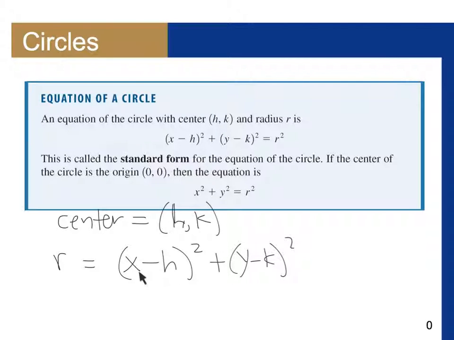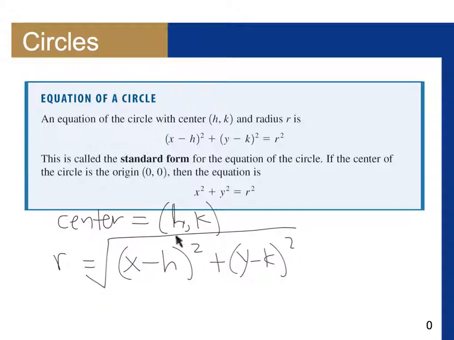Okay, so using our distance formula, change in x squared plus change in y squared equals the distance. Now, remember, we have to take the square root of that, sorry. So that's the formula with the square root. So when we have this, we can say our radius is the square root of (x minus h) squared plus (y minus k) squared, right?